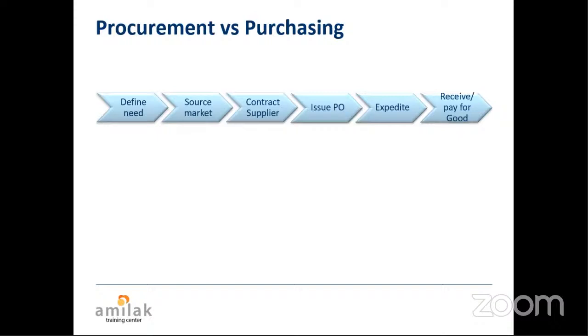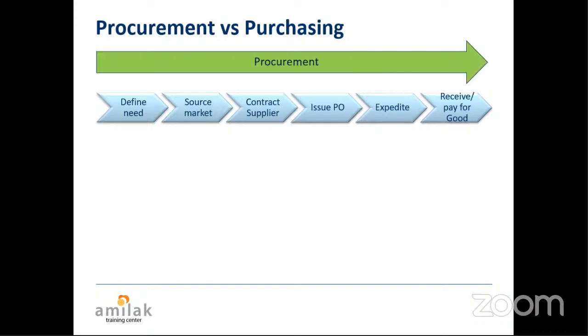Now, I have summarized the phases in between, but it suffices to say that from identification of need, the next phases have to do with sourcing of the market. Then once the market is sourced, you identify the supplier, then you will do contracting. After contracting, you can issue an instruction to deliver, that is a purchase order. And then you can expedite the product, receive it, pay the supplier, and everybody goes back to their places happy. Okay, now that is the procurement process.